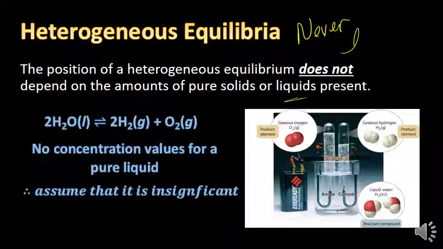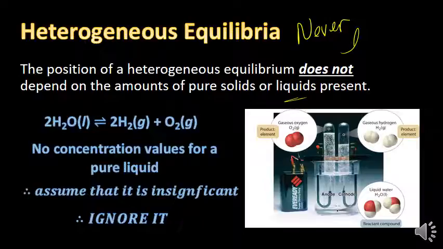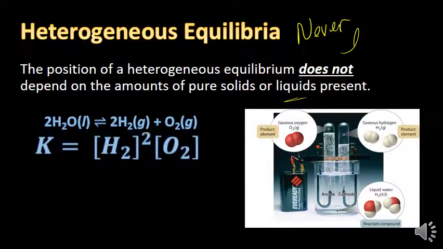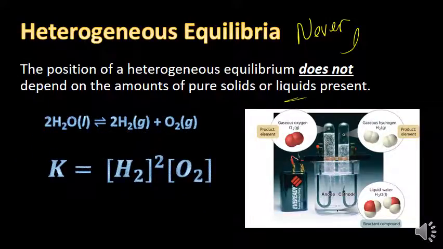So we assume it's insignificant and we get to ignore it. So what would the equilibrium expression be for this problem? Morgan, take it away. H2 squared O2. And what? O2? Yep. We get to ignore the liquids.